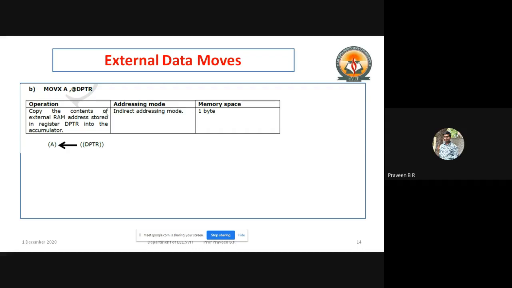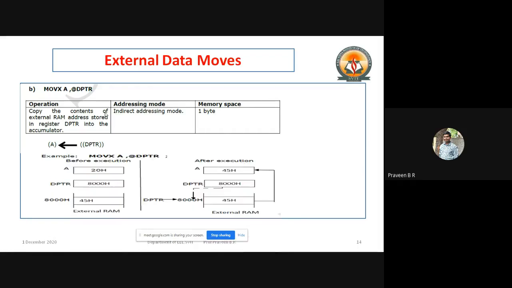You go to that external memory location, copy the data present there, and paste it in the accumulator. So whenever I say MOVX A, @DPTR, it copies the content of the external RAM address stored in the register DPTR, and then stores it into the accumulator.